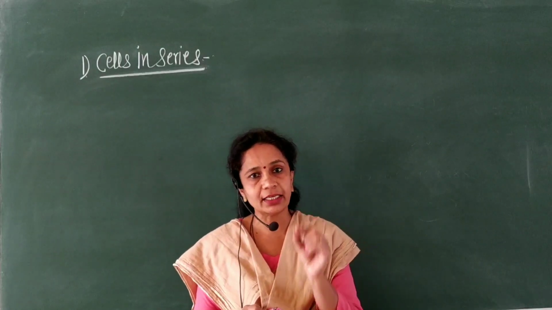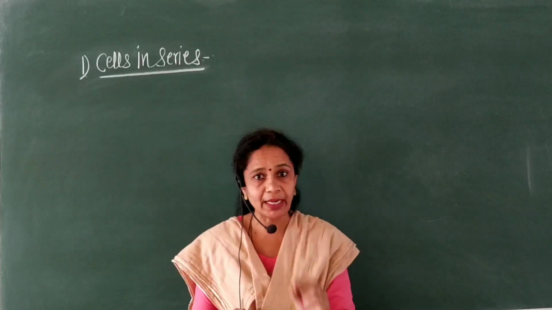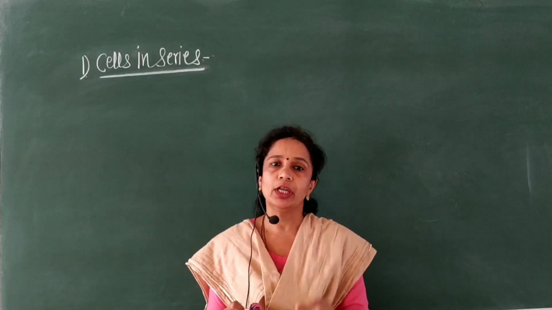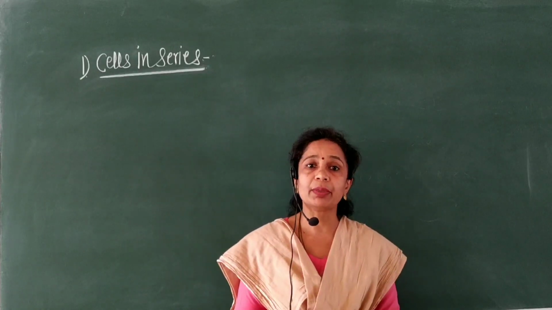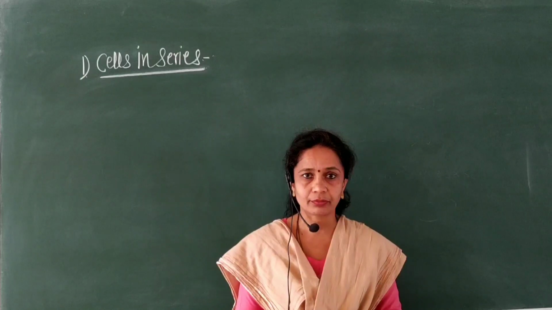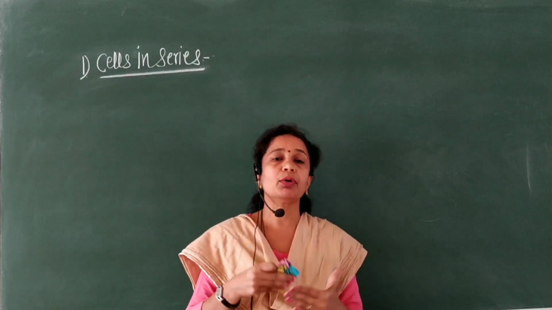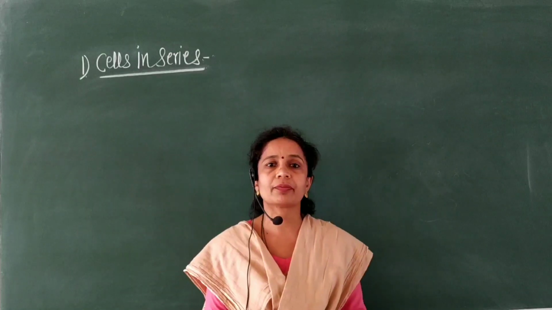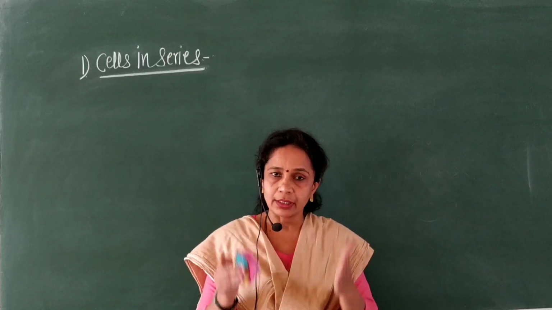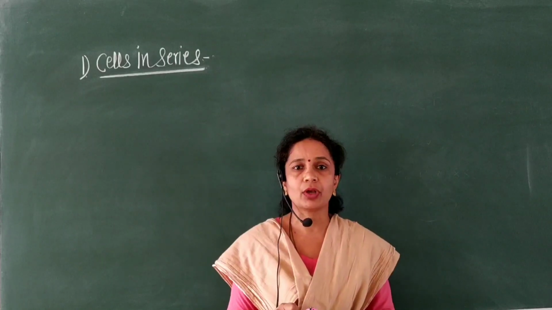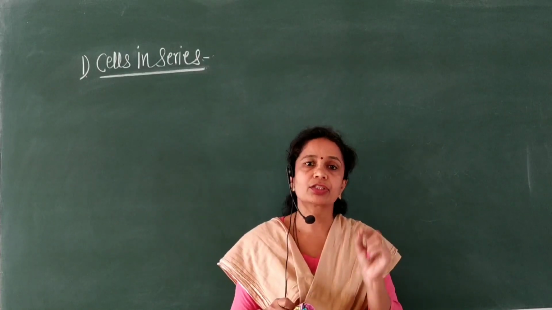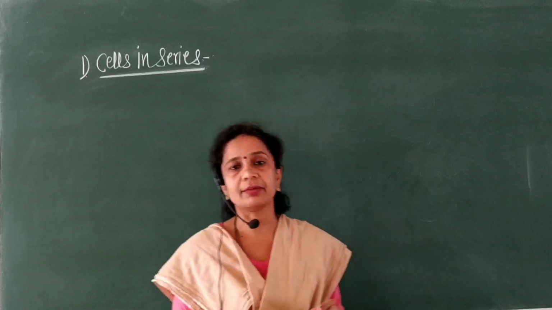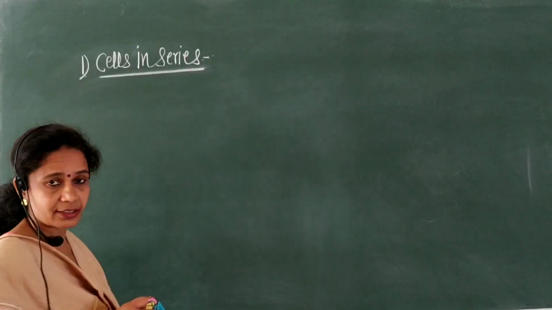A cell is an electrical device which maintains the potential difference between the two electrodes due to a chemical reaction. And if a number of cells are connected in series or parallel, then that collection of cells is called a battery. Okay, let us see cells in series.